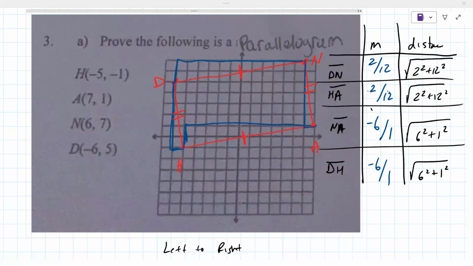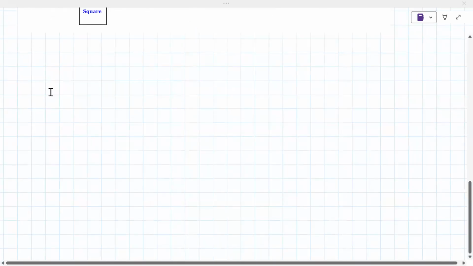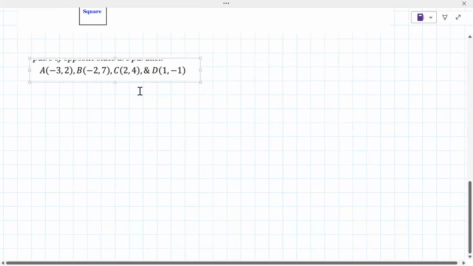So let's look at a new quadrilateral. I can say for sure this is a quadrilateral because it has four sides.